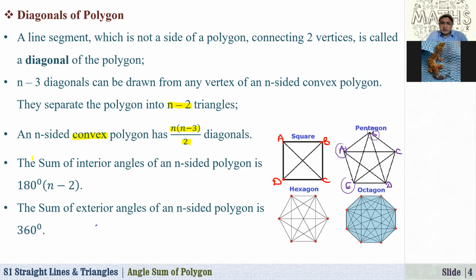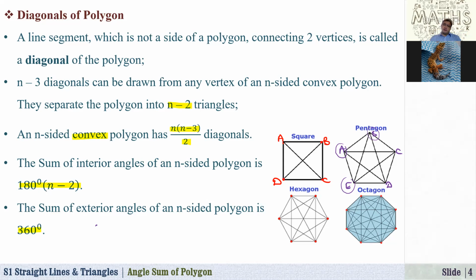The sum of interior angles of an n-sided polygon is 180 times n minus 2. We will prove this in the exercises. The sum of exterior angles of an n-sided polygon is 360 degrees, fixed.